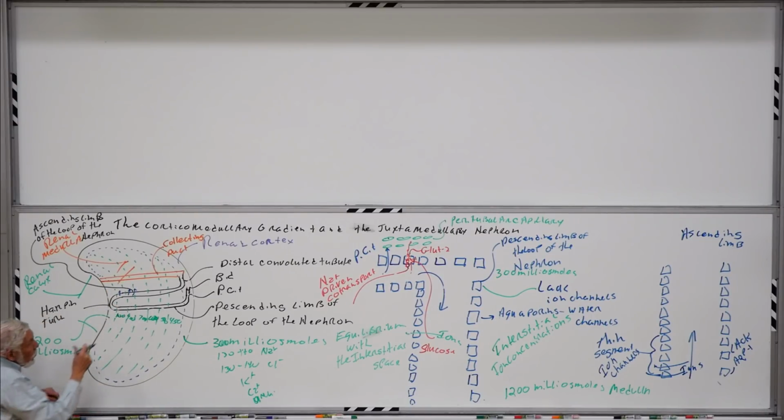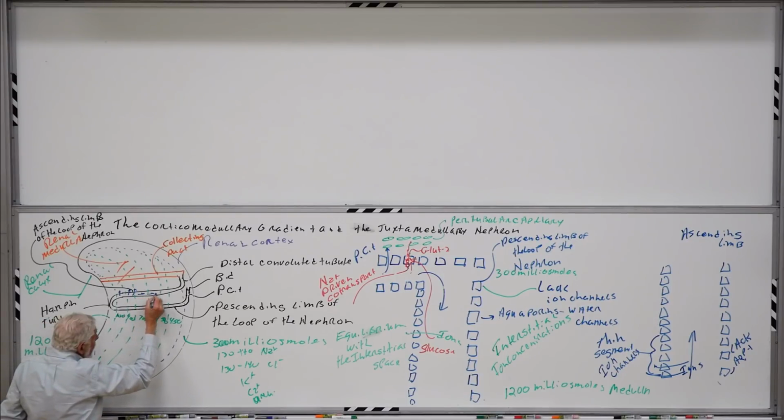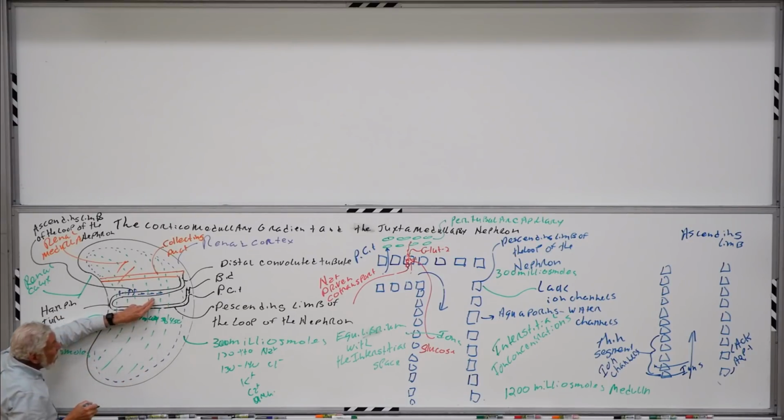But as the fluid moves up the tube, we'll find that this fluid inside the tube can actually get to lower osmotic concentrations than the outside environment.